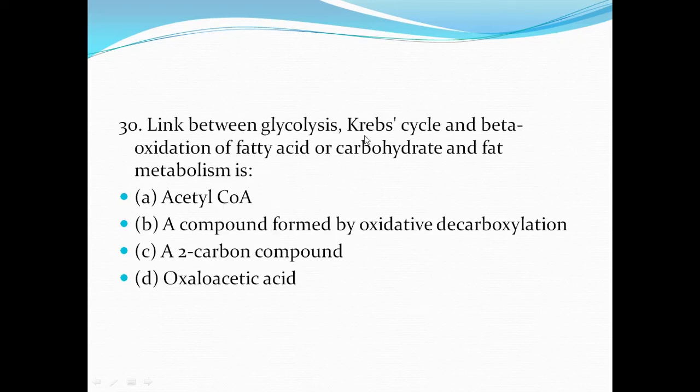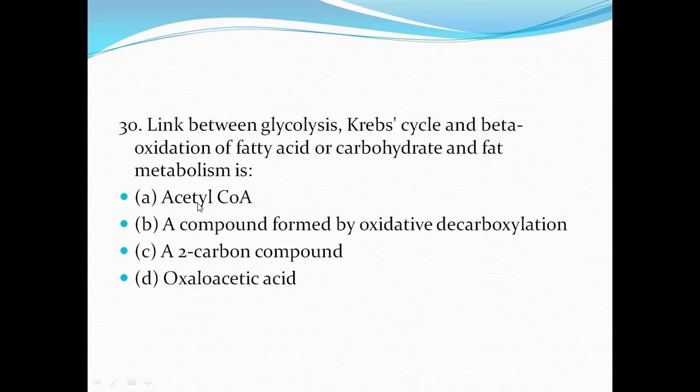Link between glycolysis, Krebs cycle, beta oxidation of fatty acid, or carbohydrate and fat metabolism is... Now this question is repeated actually. They are asking which is the link that connects these different types of metabolism of carbohydrates, proteins, and lipids. So here the answer is acetyl CoA. As you have already seen, fatty acids can be directly converted into acetyl CoA in beta oxidation.